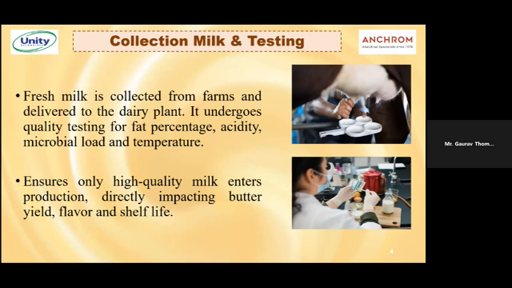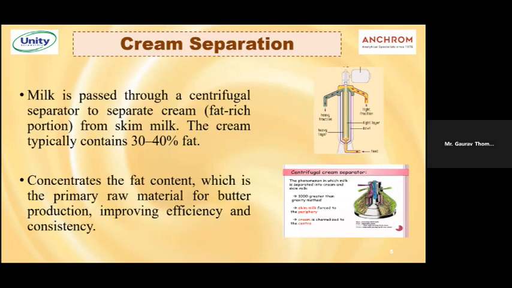Okay. So when you test it, it ensures that only high quality milk is supplied to the producers. So eventually, we get a higher quality of butter produced from that milk. Once the milk reaches the factory, like I just told you, the milk is poured into huge containers.